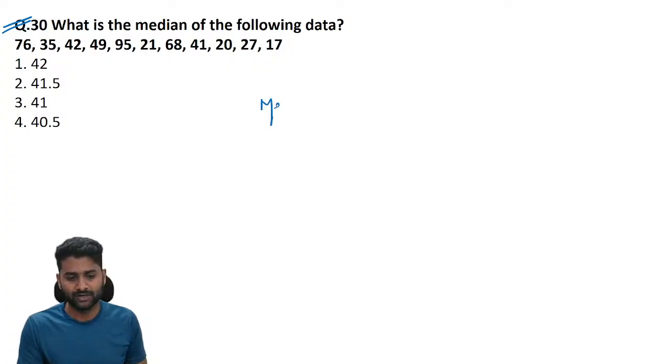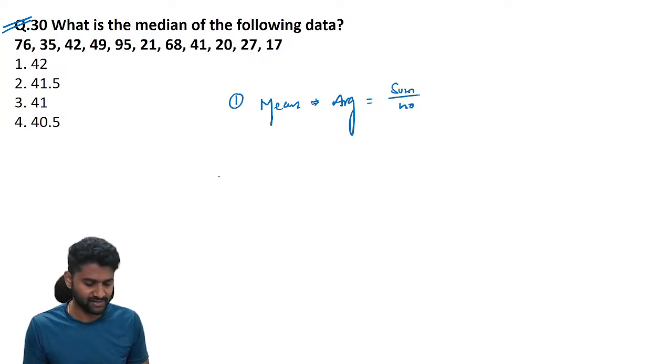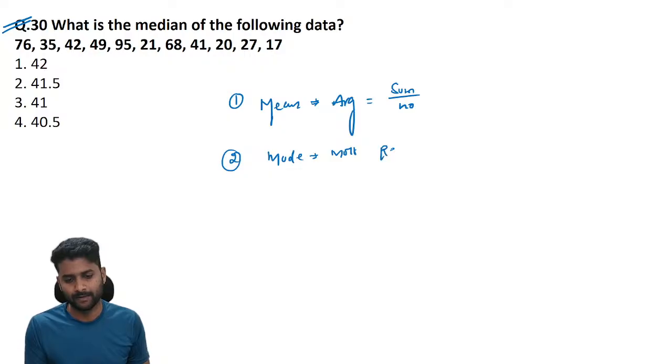See, three important terminologies. Mean is all about average. You know the calculation of average: sum of observations divided by number of observations. Second one, mode: the most repeated frequency. And the third one is median.